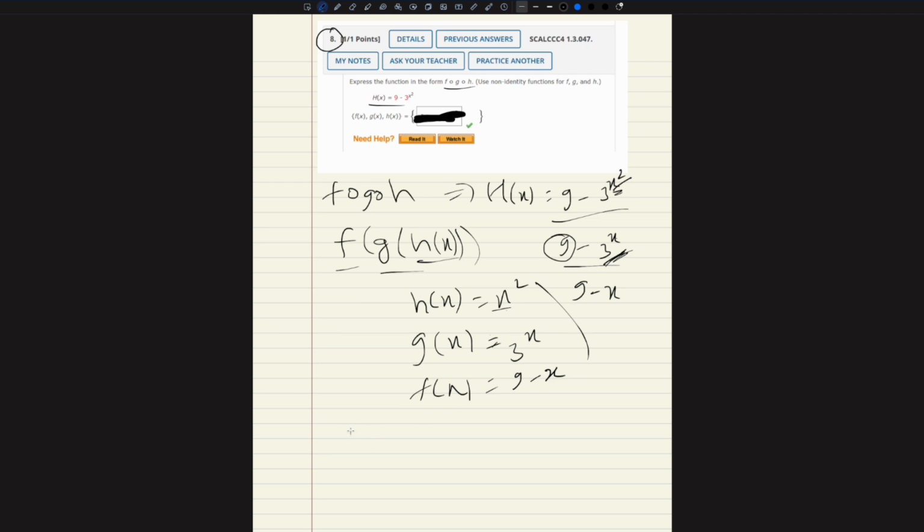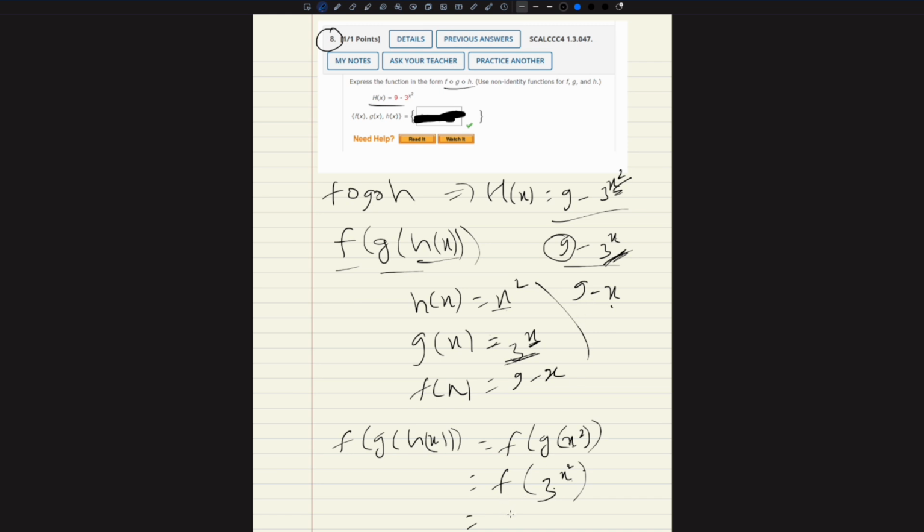So f of g of h of x will be f, and then g, and then h of x is x squared. Now let's put x squared in the place of g of x. So g of x is 3 to the power x, so we'll replace x by x squared. So it will be 3 to the power x squared. Now let's replace this x by 3 to the power x squared, which is what we usually do.